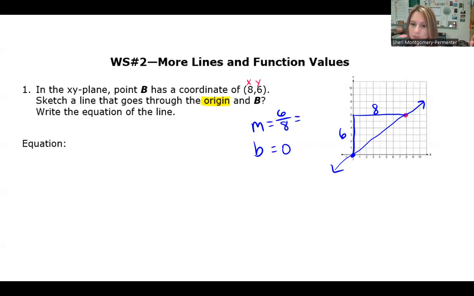You can divide them both by 2. So 6 divided by 2 is 3. 8 divided by 2 is 4. So to write the equation of my line, remember that it's y = mx + b. So I get y is equal to my slope, which is 3/4. And then do I have to write plus 0? No. So that's it.